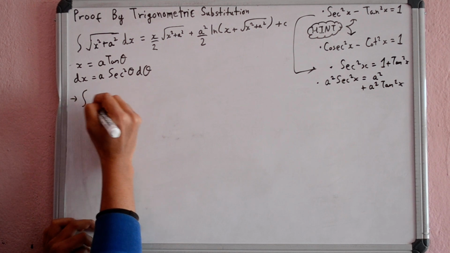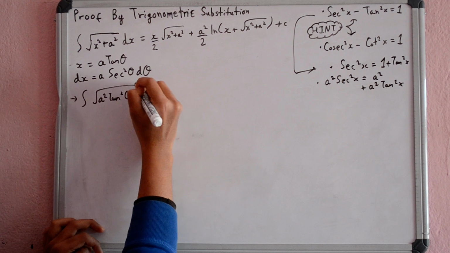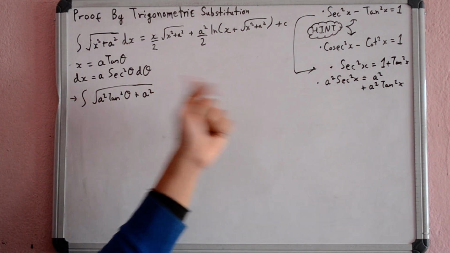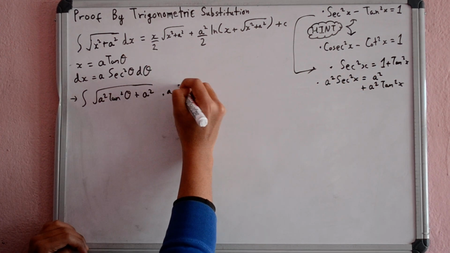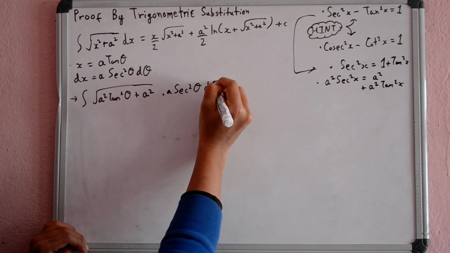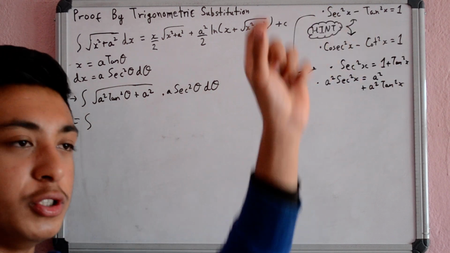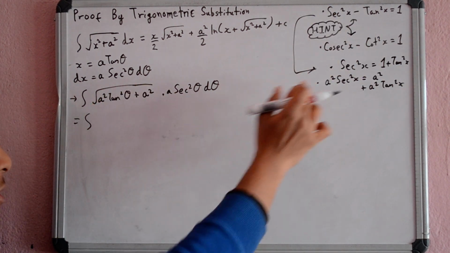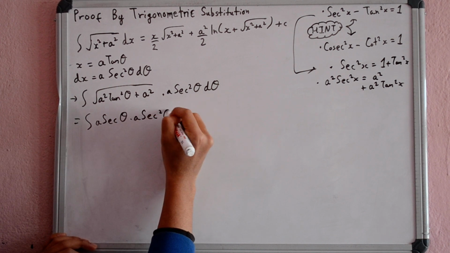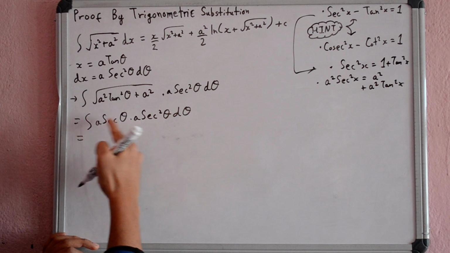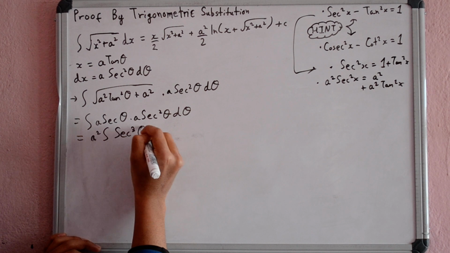This integral becomes root a square tan square theta plus a square, and we know that a square plus a square tan square theta will be a square sec square theta, but this dx is a sec square theta d theta. So simply it is a sec theta whole square, square and root cancel, giving us a sec theta into a sec square theta d theta. So a into a square we can put outside, and this is the integral of sec cube theta d theta.